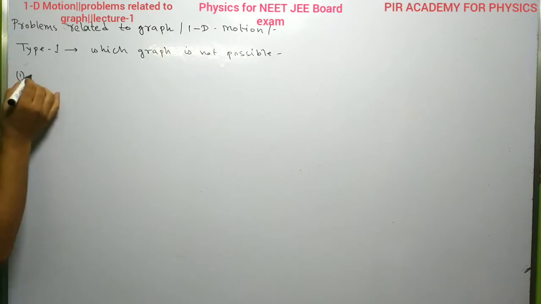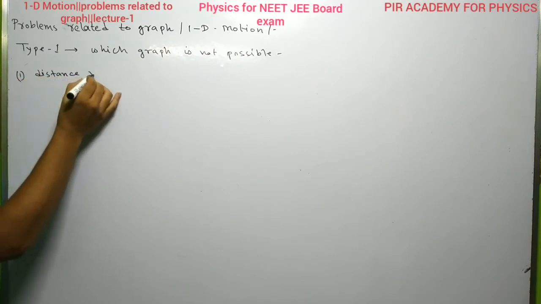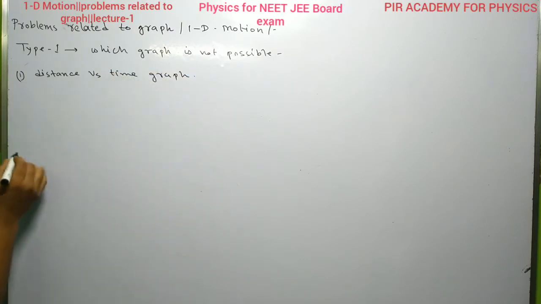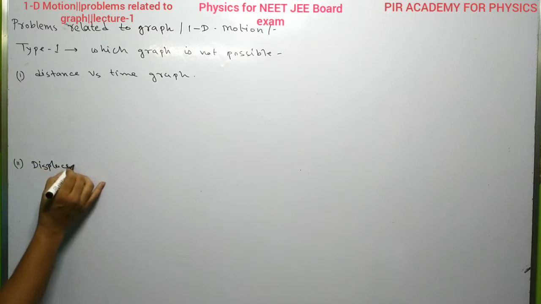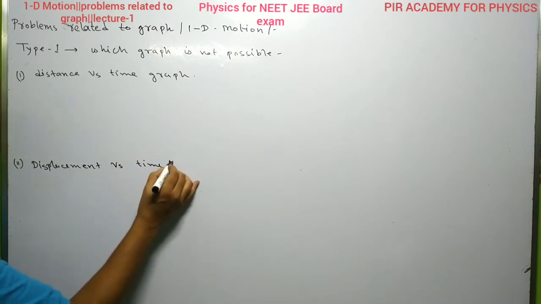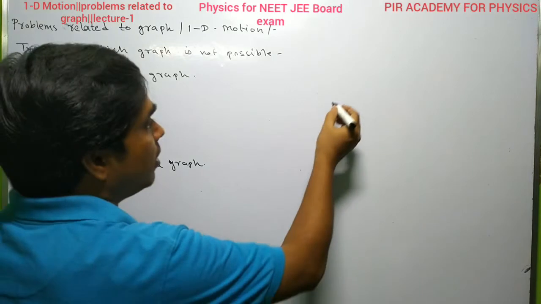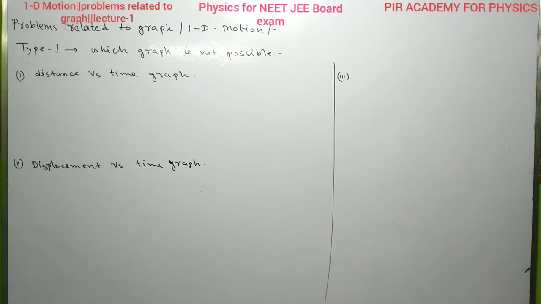That means number 1 is the distance versus time graph, number 2 is the displacement versus time graph, and number 3 is the velocity-time graph.